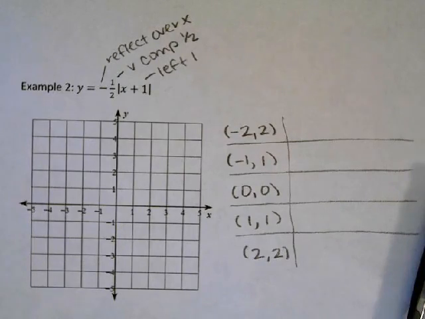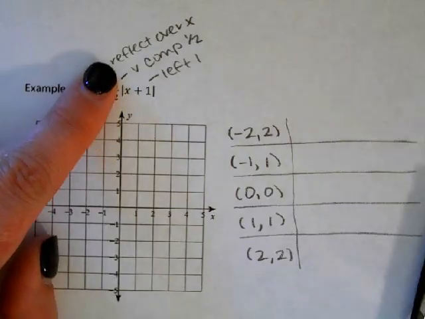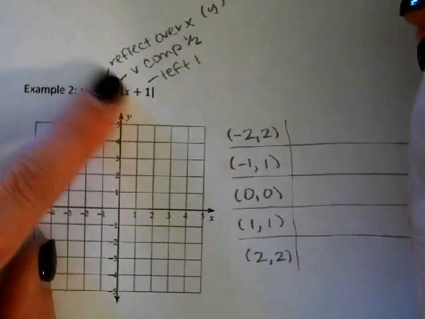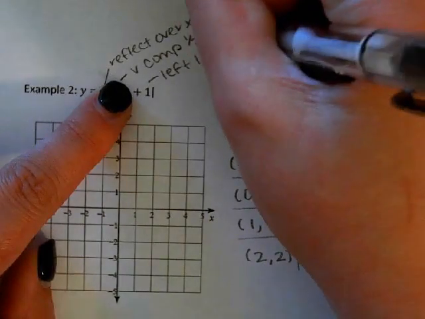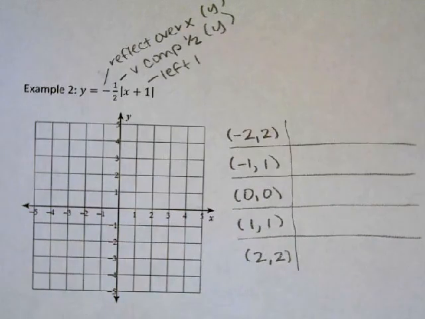Okay, so we said this is a change to the y value. Reflecting over x changes the y value. Vertical compression by 1/2 also changes the y value. So we said reflecting over x changes the sign, it's like multiplying it by -1.